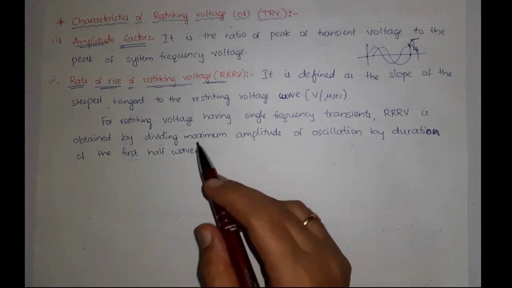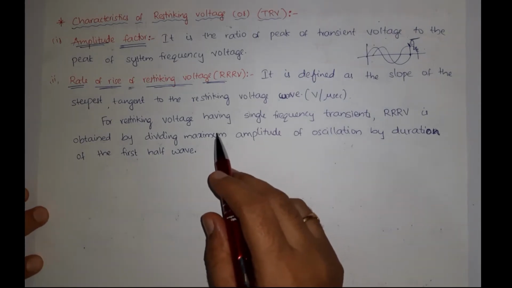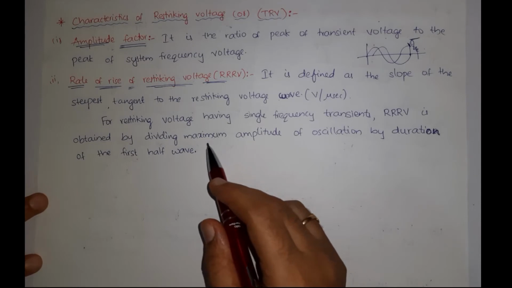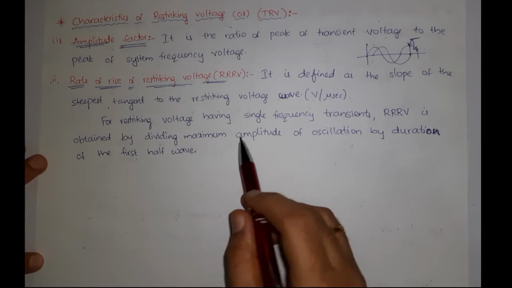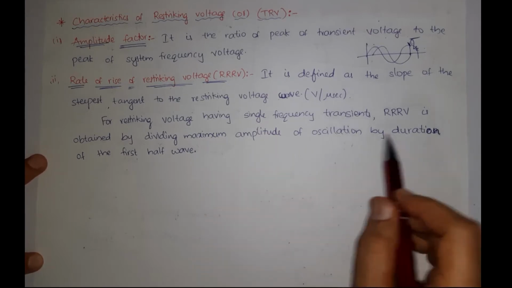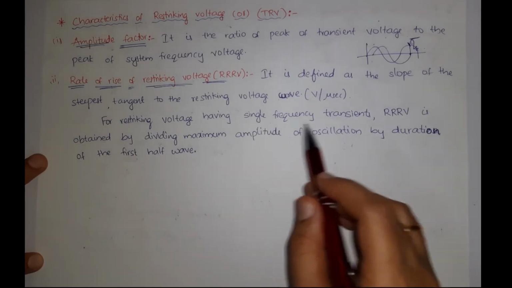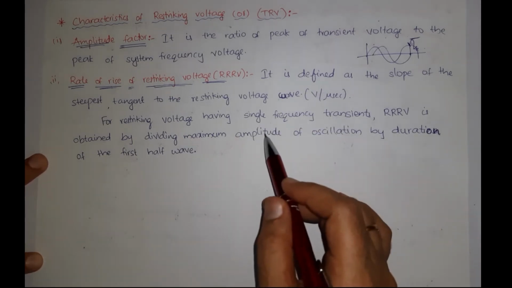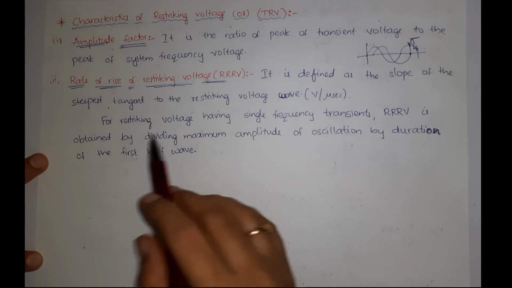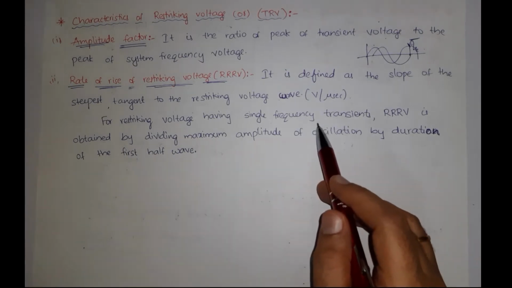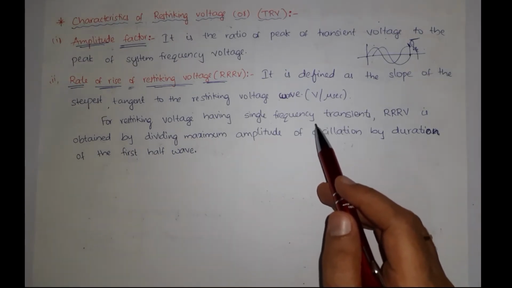Right. So for restriking voltage having single frequency transients, RRRV, that is rate of rise of restriking voltage, is obtained by dividing the maximum amplitude of oscillations by the duration of the first half cycle. For clarity, we must first understand what a single frequency transient is.